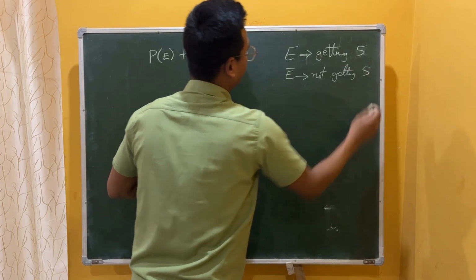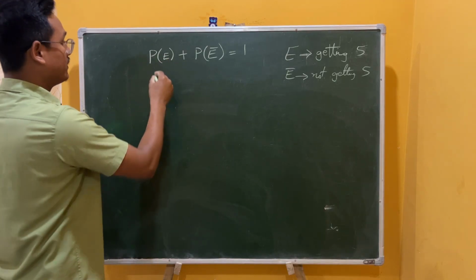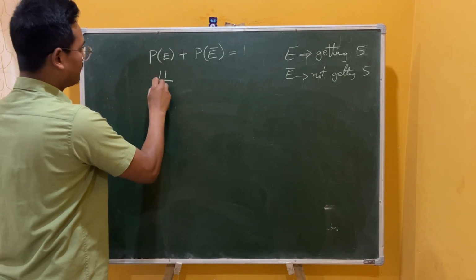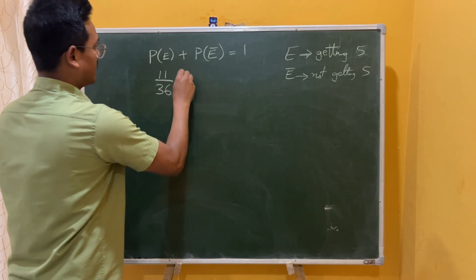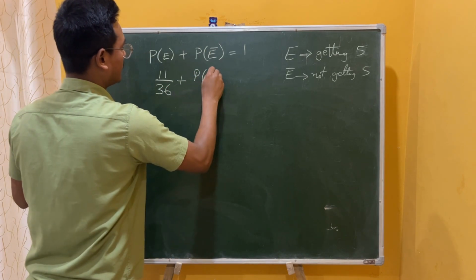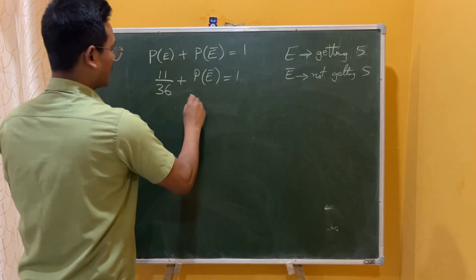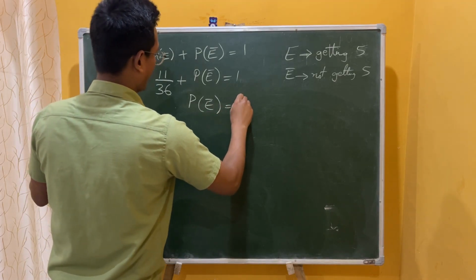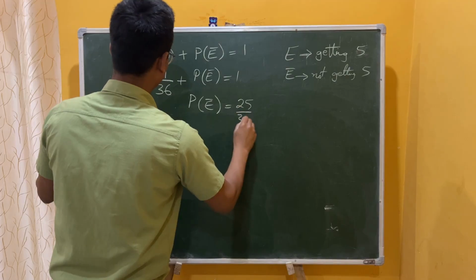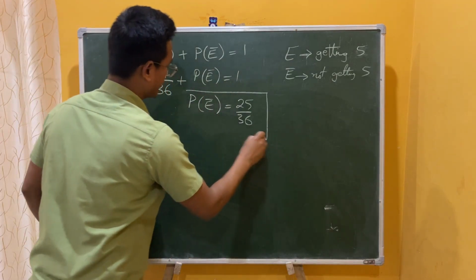So the probability of getting 5 was 11 out of 36, total is 36. This we don't know. If you solve this equation, it is 25 out of 36. 1 minus this is 25 out of 36.